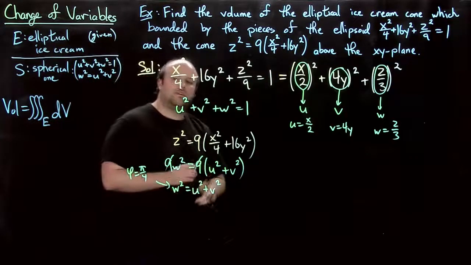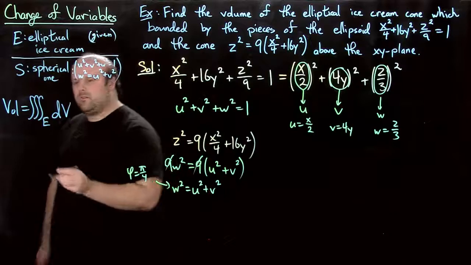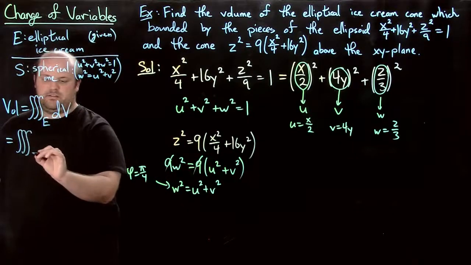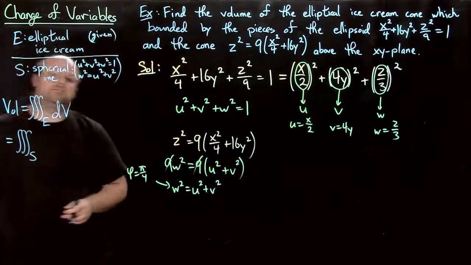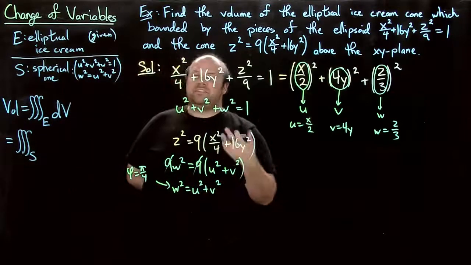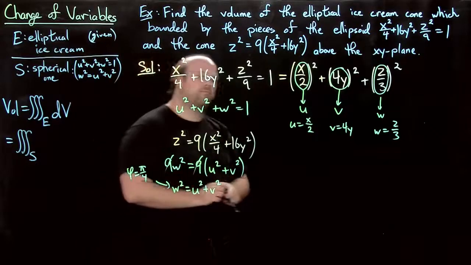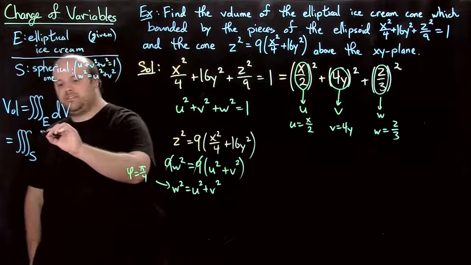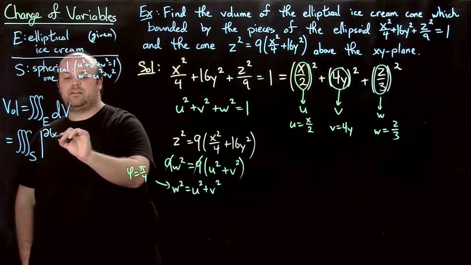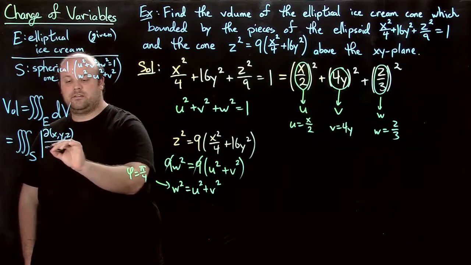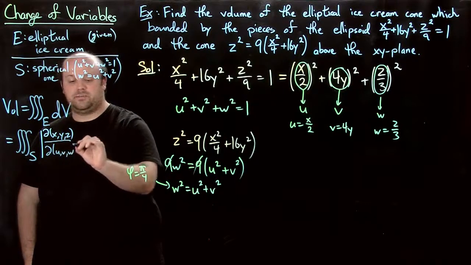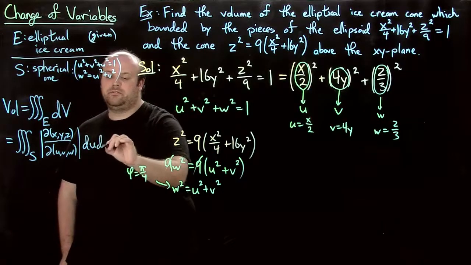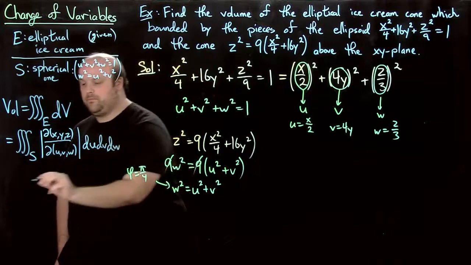Well then, change of variables says we can just switch to an integral over S now, but dV is going to have to change. So what needs to go in there is the absolute value of the Jacobian d(x,y,z)/d(u,v,w), and then we'll say du dv dw.